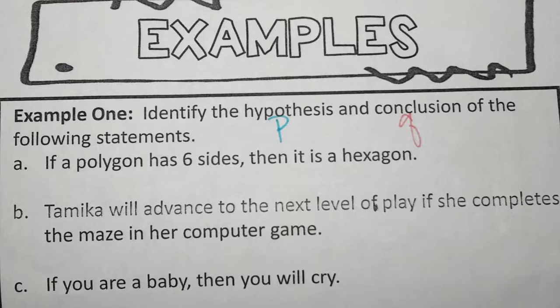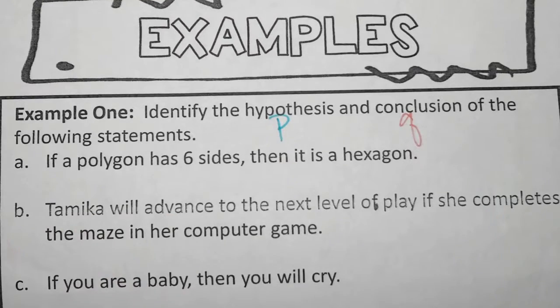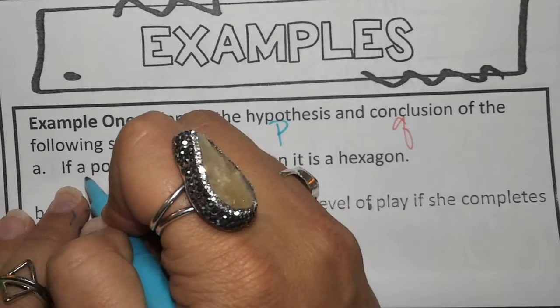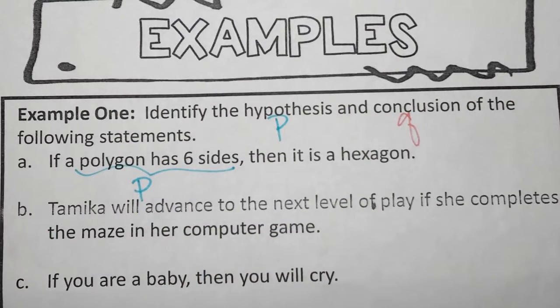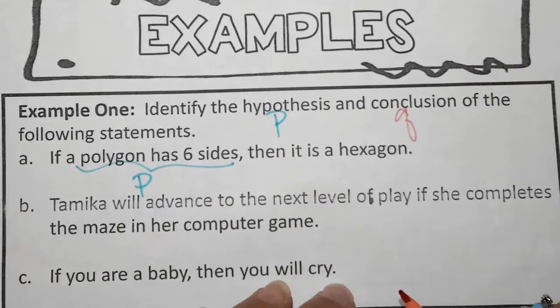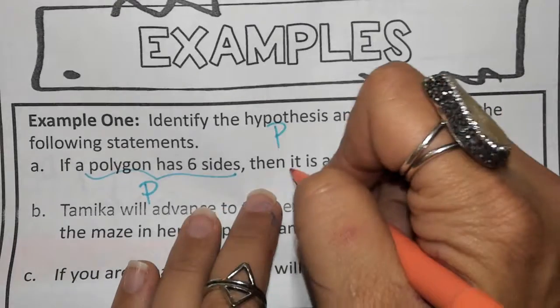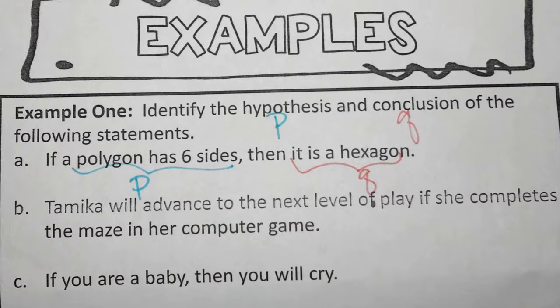So which one is the hypothesis? Alright, so remember, for the hypothesis we don't say if. So a polygon has 6 sides is our hypothesis. What is our conclusion? It is a hexagon.